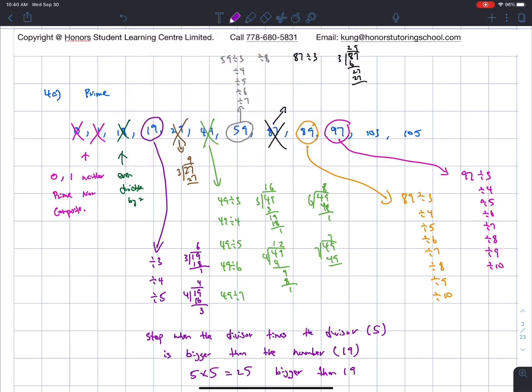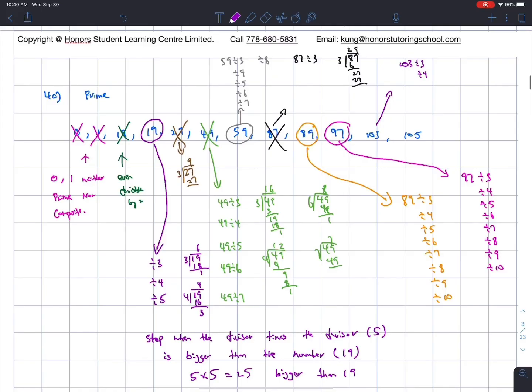And 103, same idea, divided by 3. I don't think it's divisible. Yep, 3 is definitely not divisible. And then I'll try 4. It is also not divisible. Try 5, not divisible because it doesn't end with 0, 5. Try 6. It's not divisible.